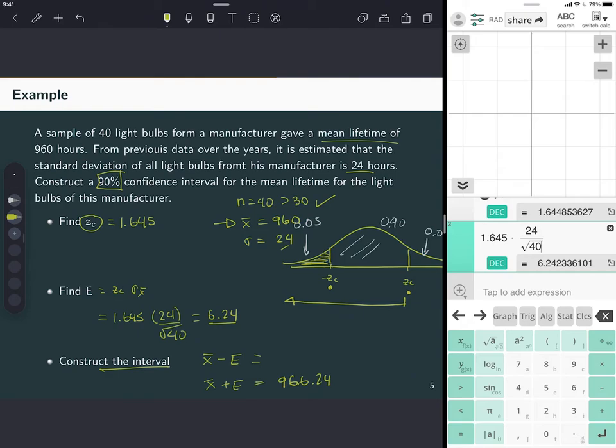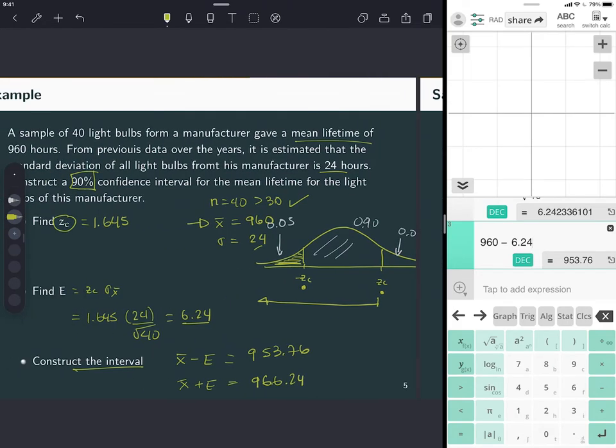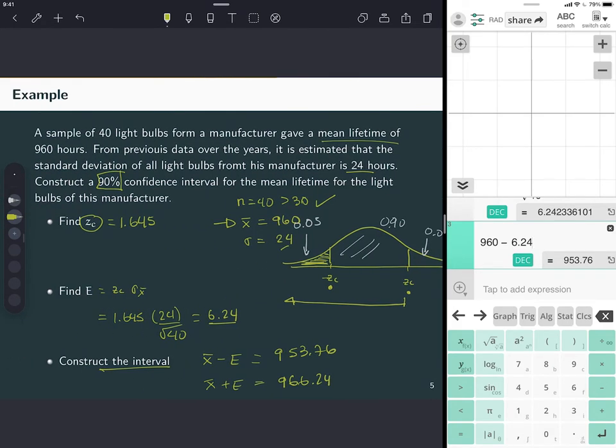And then 960 minus the 6.24 would be 953.76. So I can report it like that, as two values, or if you're asked to report it as an interval, it will be the interval 953.76, comma, 966.24.